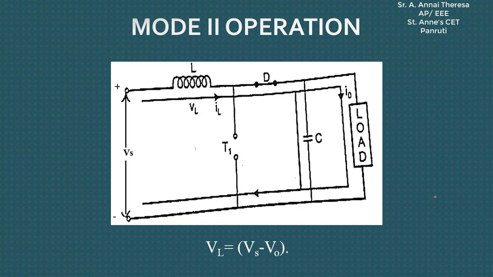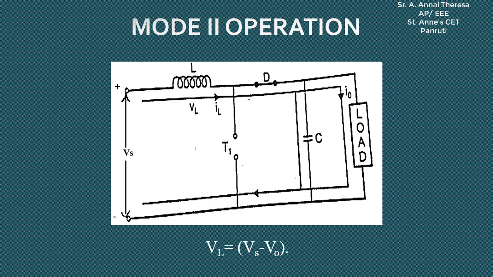Next we can see the second mode of operation. In this mode, the switch is off. The switch is turned off by removing the base signal of the BJT. Now the current flows through this. The inductor will discharge its energy through this diode, which will be forward biased. So it will discharge its energy through the diode, this capacitor, and this load.